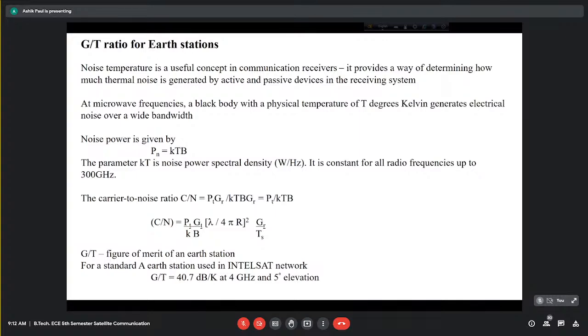So it is always necessary to quantify that in terms of both the power received as well as, from the perspective of the earth station, that means the receiver which is receiving the signal on the surface of the earth, in terms of a parameter which is known as the G by T ratio. So let us discuss this.